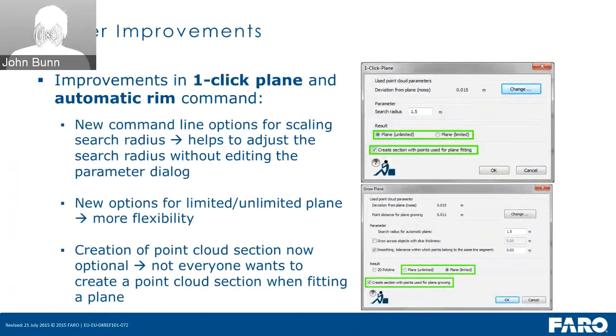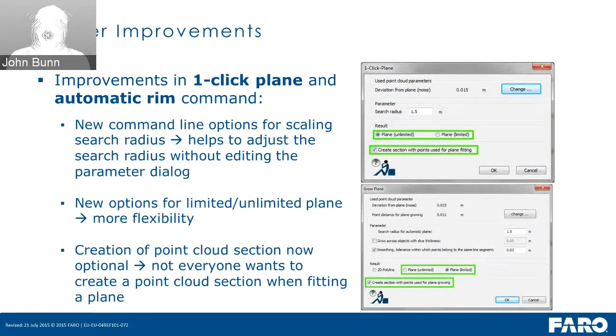Some other improvements that we've added, we have a one-click plane option and an automatic rim option, both within that modeling plane section. But they've received some very nice features that make it more understandable and easier to use. One of the ones that I really like is on the command line, you have an increase and a decrease option.